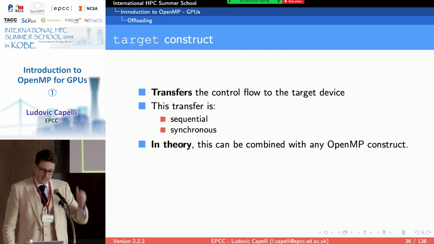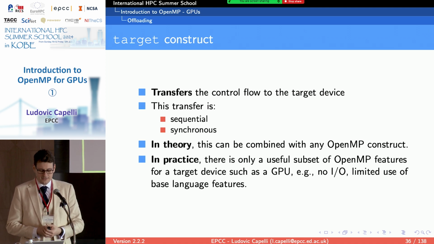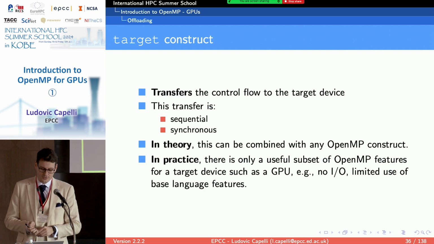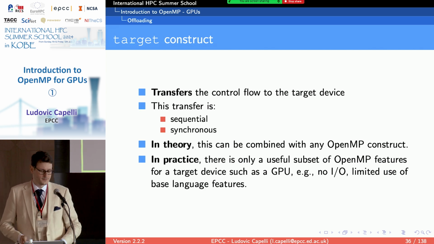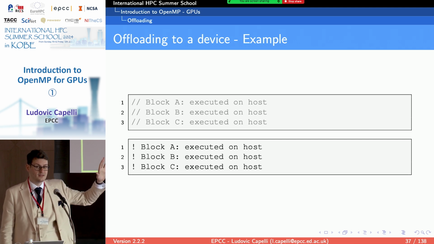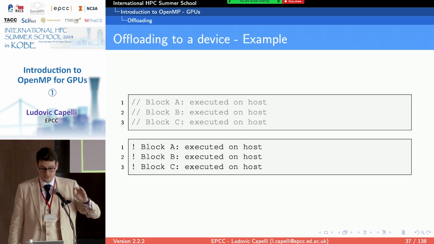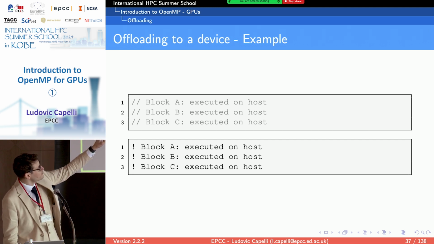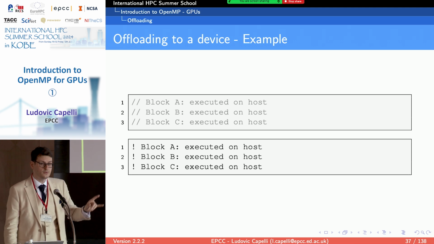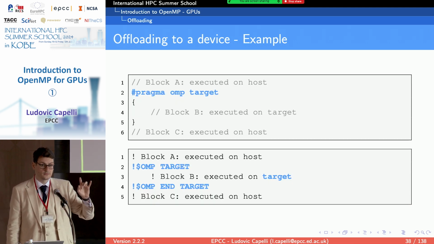So, in theory, you can more or less combine everything with OpenMP constructs. In practice, there's a smaller number of constructs we use it with. So let's take an example. Every time, C and Fortran, again, just like yesterday. If I want to transfer the execution of block B, just the block B, to the GPU, all I need to do is wrap this in a target construct.